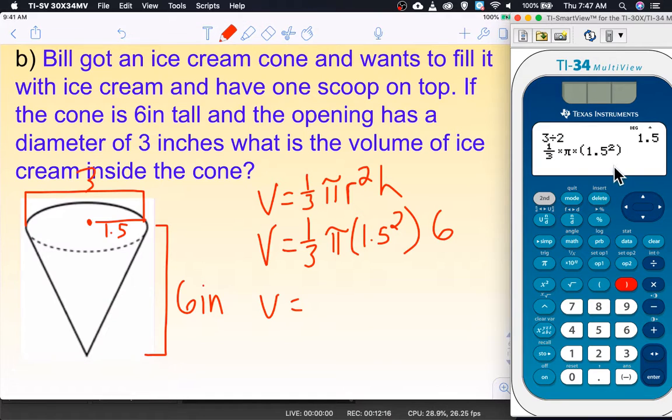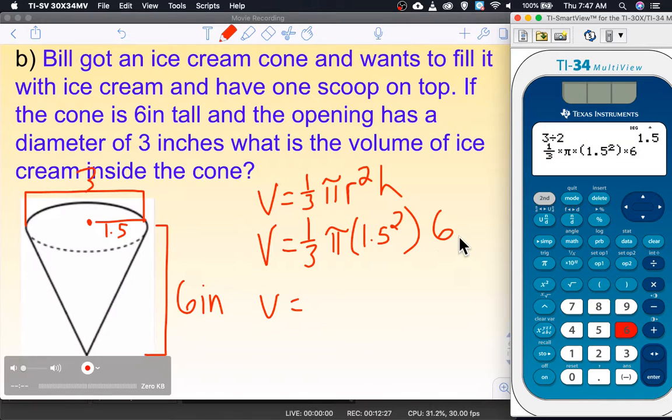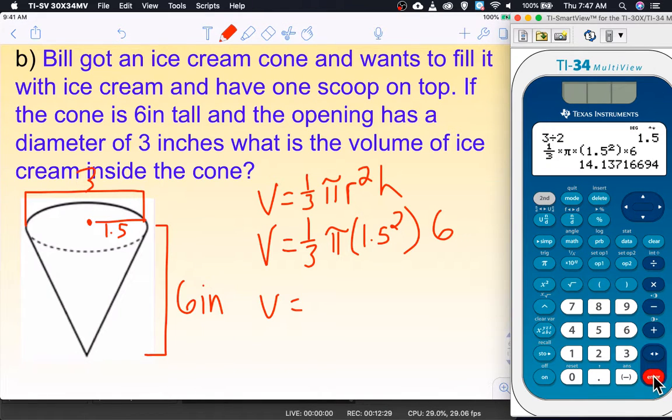Probably didn't need the parentheses here, but that's okay. Times 6. So I'm making sure the calculator understands what we're doing. It is 1/3 times pi times 1.5 squared times 6. That's the same thing here. And we got an answer of 14.14, rounding to the nearest hundredths.